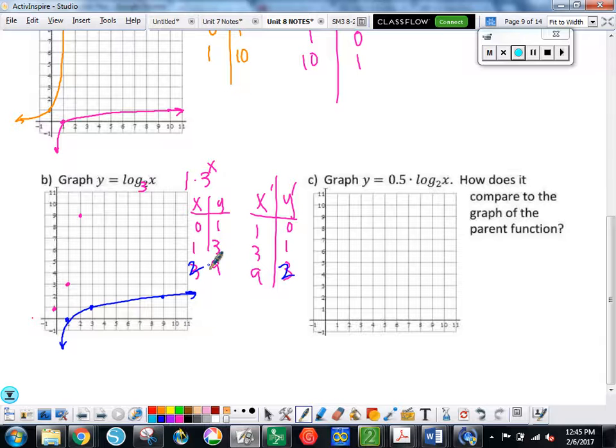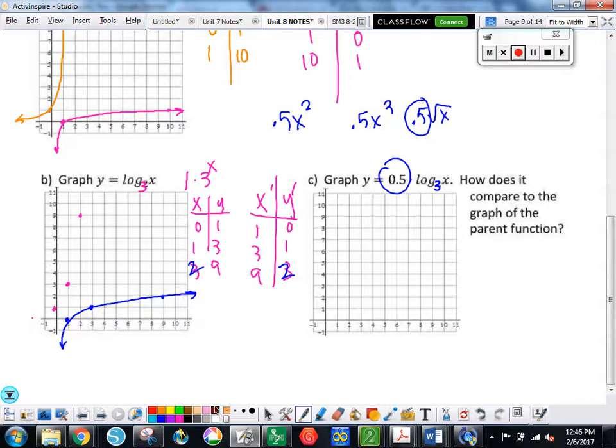Okay, now, how does this one, pretend like that's a 3, compare to that one? What does the 0.5 do? Good. Now think of it as the transformation. If it was 0.5x squared, or 0.5x cubed, or 0.5 square root x, what would the 0.5 do? So I'm going to take all of my up, which is the y values, and do what with it?